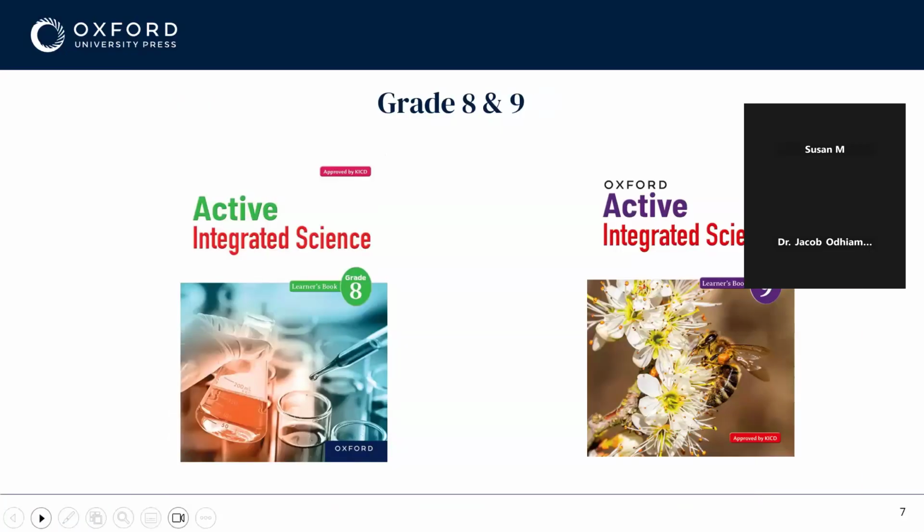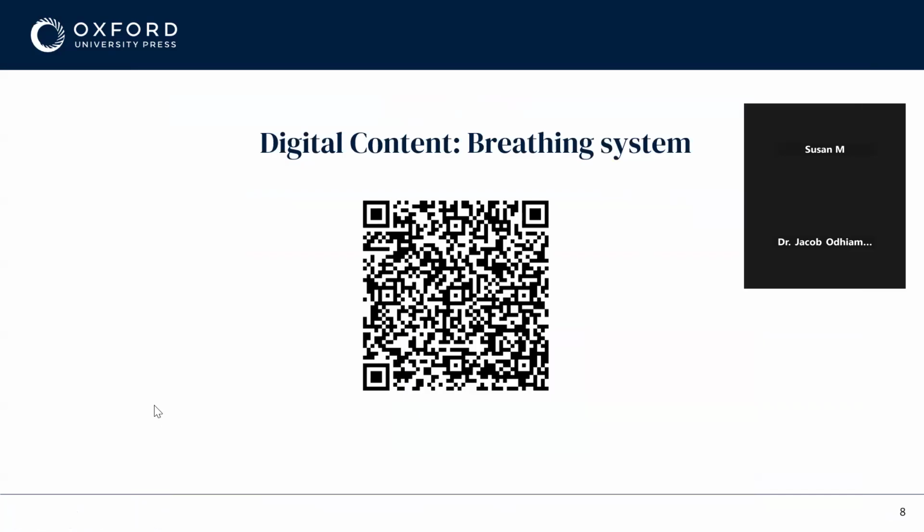As we start, allow me to show you one of the QR codes we have included for you in our grade 5 science textbook, our course book. That is Everyday Science.